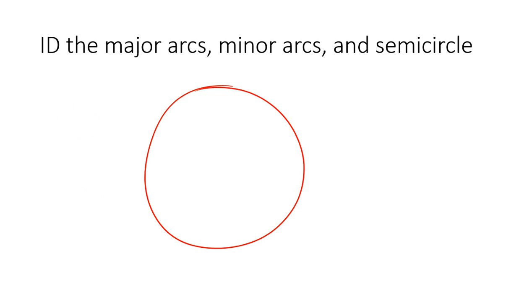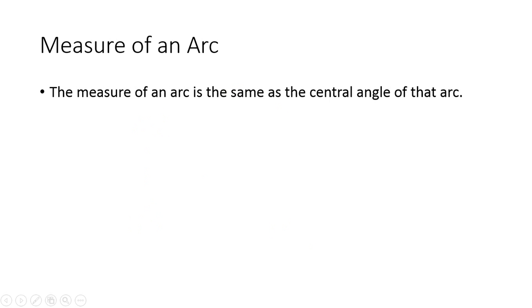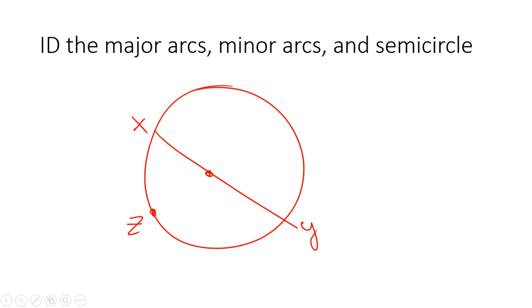Let's say I have this circle and a diameter, which we'll label x and y. I have another point z. I want you to take a second and name a major arc. There are two major arcs you could choose.